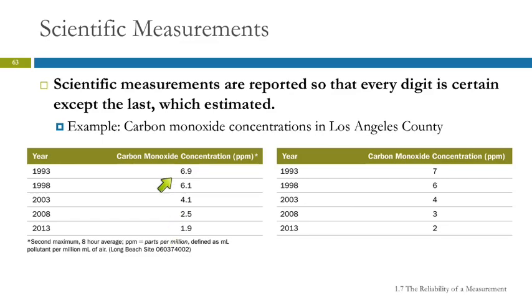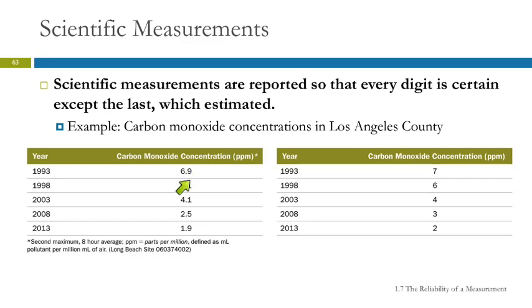On this table, the concentrations are given with one decimal place, so 6.9, 6.1, etc. Over here, they've been rounded to the whole numbers. So a scientist looking at these numbers gets more information out of this than you might think. We would assume that there's an uncertainty of plus or minus 1 in the uncertain digit.